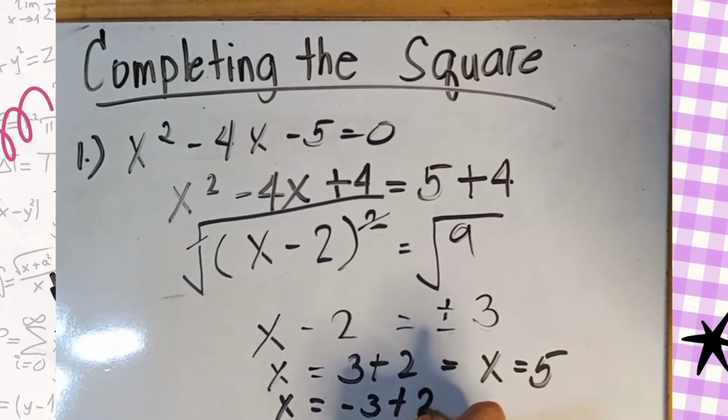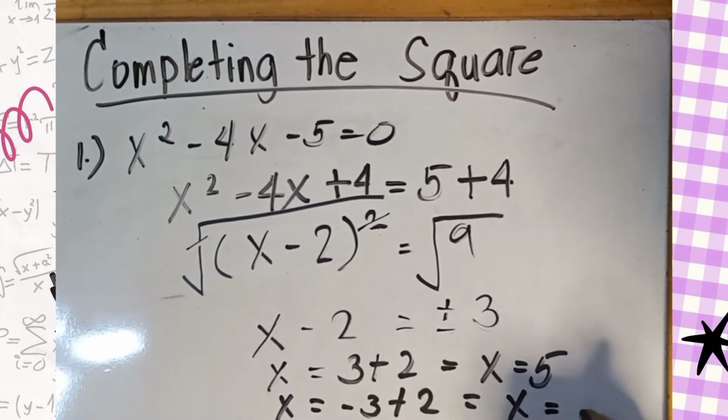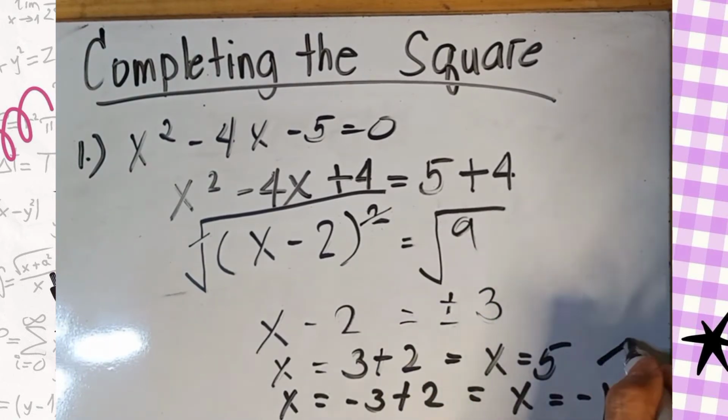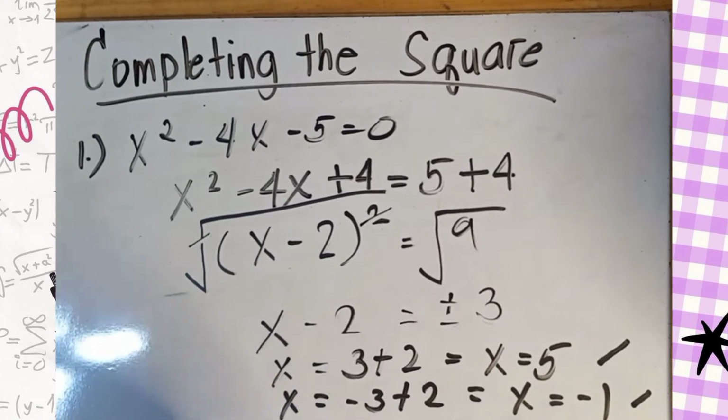So, that will become positive 2. Then, x is equal to negative 1. So, in other words, x can be positive 5 or negative 1. So, let's find out if our answer is correct by checking our answer.